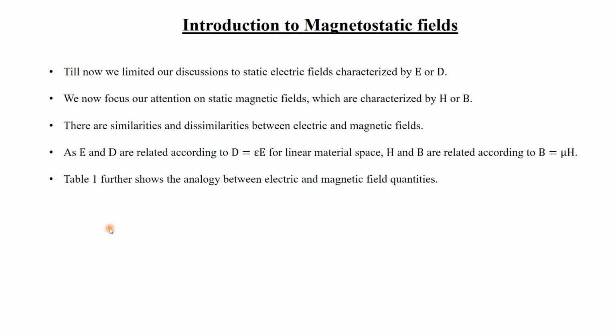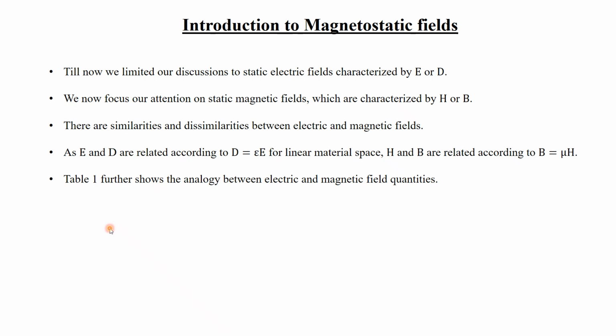That means if you are taking a bar magnet, you will see that it has two sides, one north pole and one south pole. And if you want to create a magnetic field using an electrical solenoid, that means electromagnetism, you are applying electric current to produce a magnetic field.